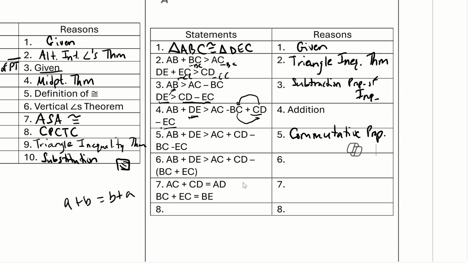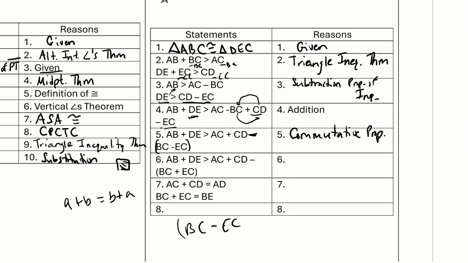Number 6, what happened is we basically put BC and EC in parentheses like that, but then if I put them in parentheses, there's a negative there. So let me write it out. BC minus EC.